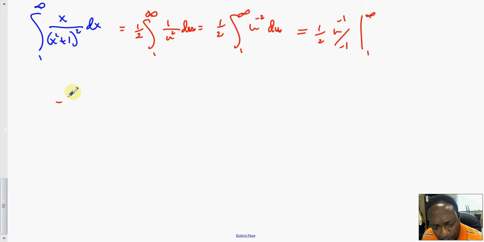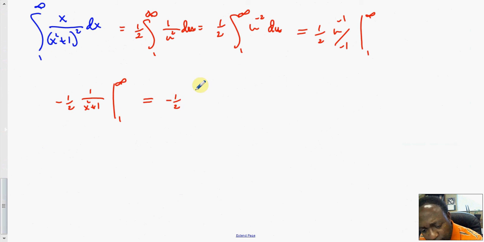So we get negative 1/2 times 1 over u, but u is x squared plus 1. Let's evaluate it from 1 to infinity. So we have negative 1/2 times 1 over, really, infinity, but I'll write it like this, x squared plus 1 as x goes to infinity.